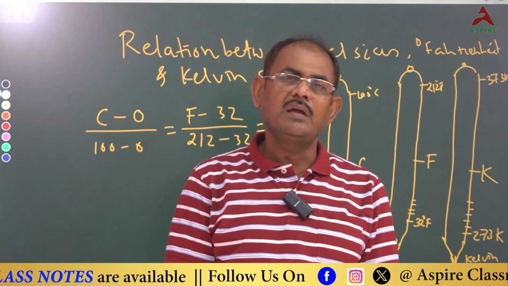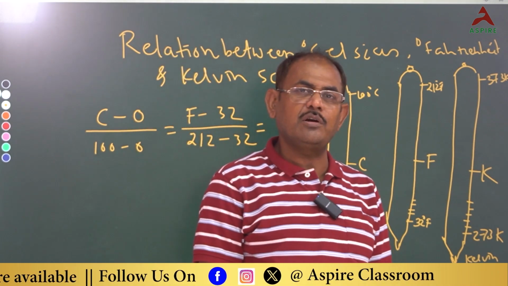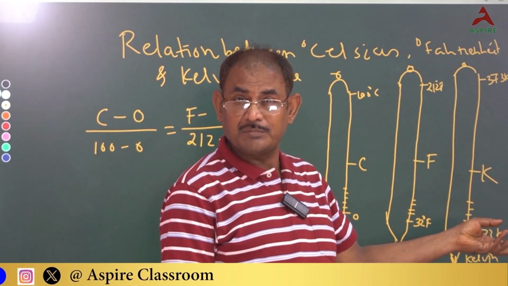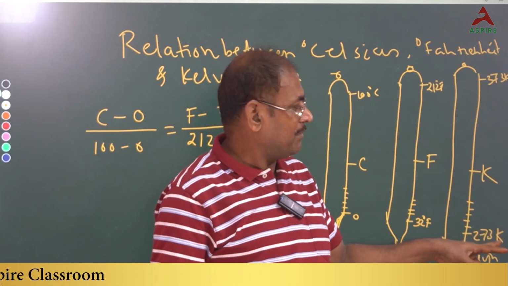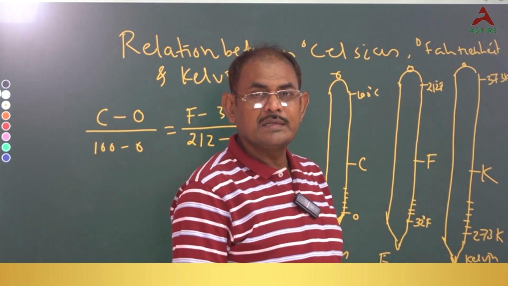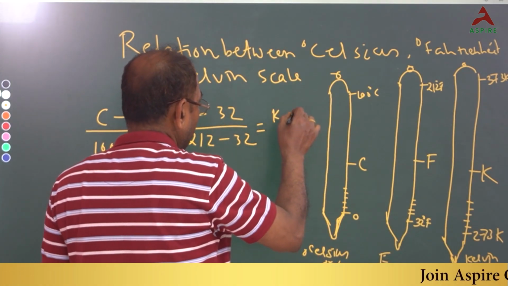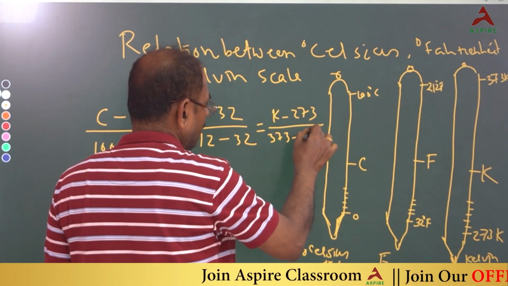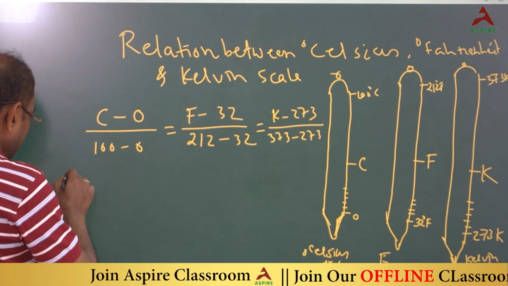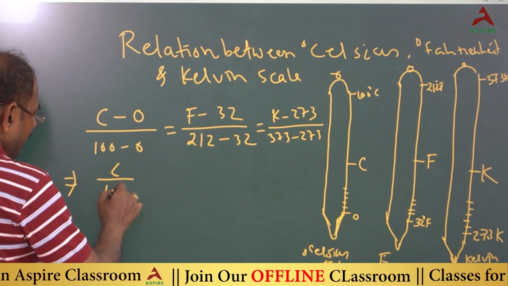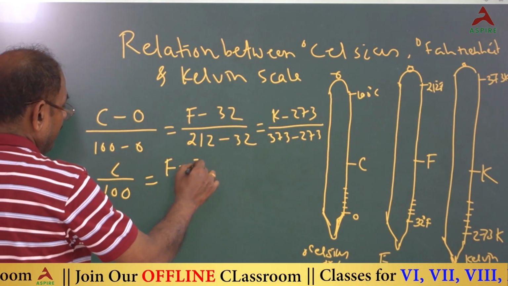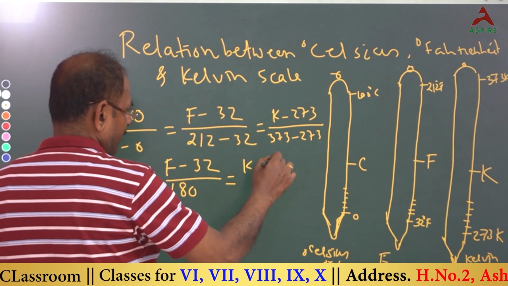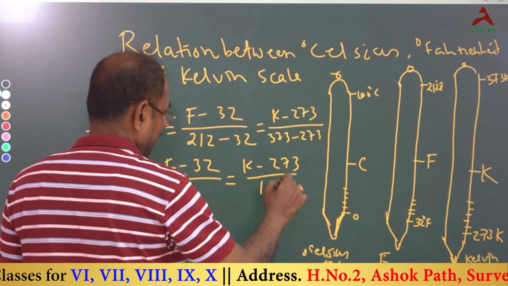Is that clear? Next, for the Kelvin scale, the lower point is 273, so it will be K minus 273 by upper fixed point 373 minus lower fixed point 273. That means C by 100 equals F minus 32 by 180 equals K minus 273 by 100.